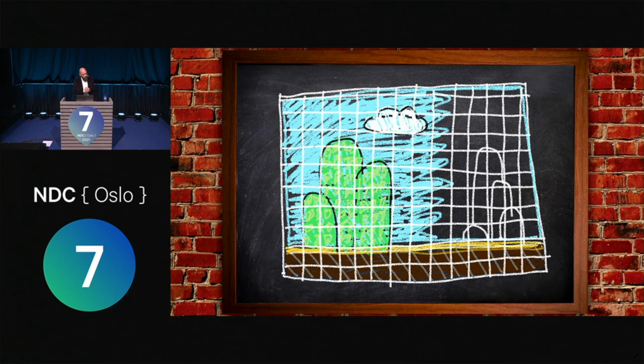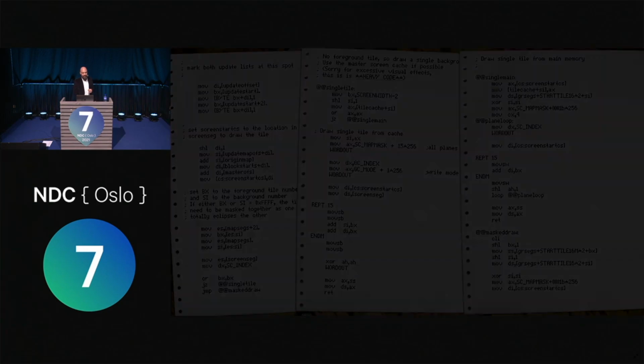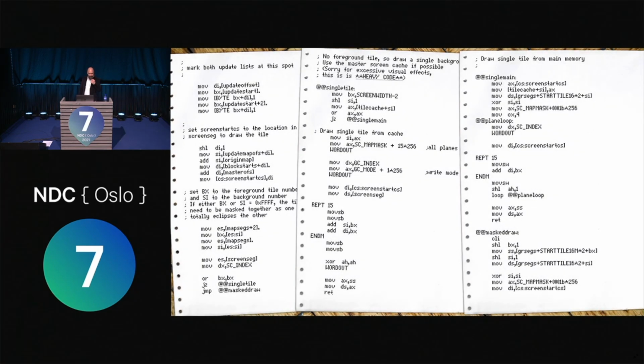And one of the things that came out of this, which is a known story, is something called adaptive tile refreshment, which this is the code for.